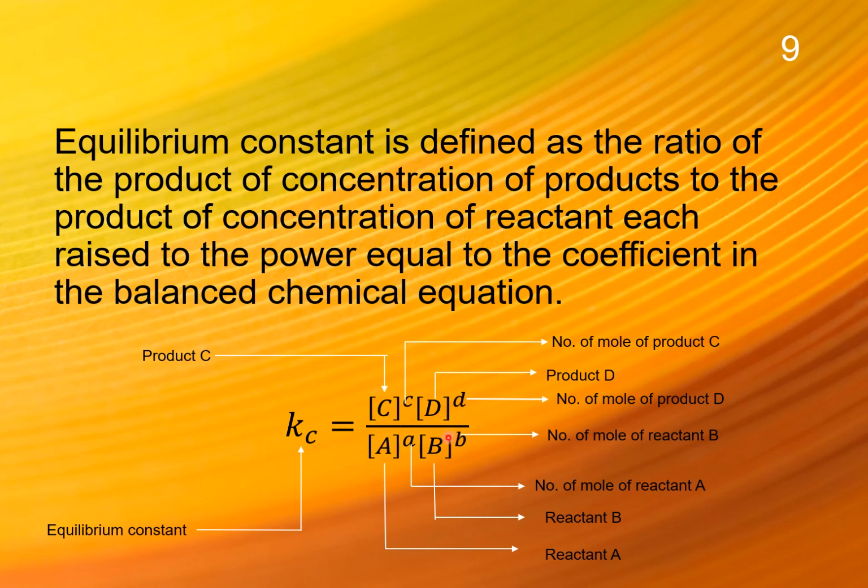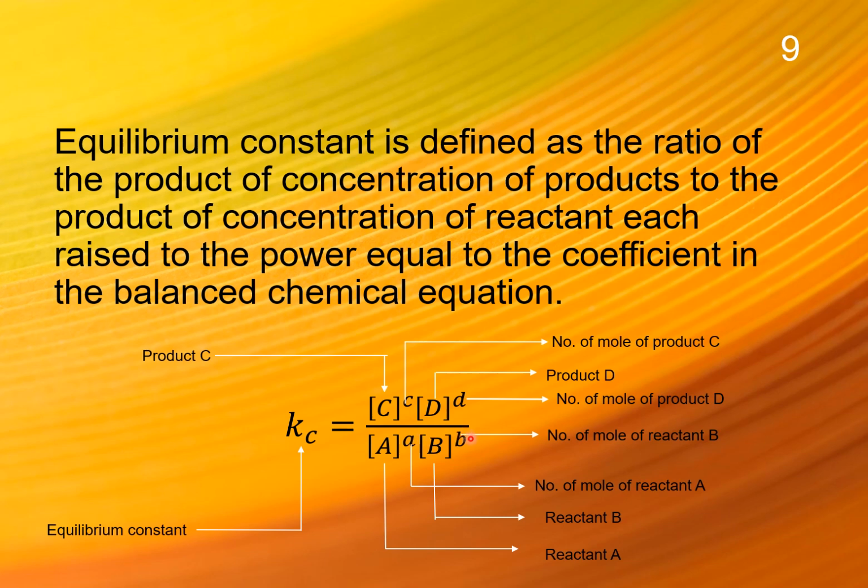This ratio is between the product of the concentrations of the products raised to the power equal to the coefficient in the balanced equation, and the product of the concentrations of the reactants A and B raised to the power equal to the coefficient in the balanced chemical equation.